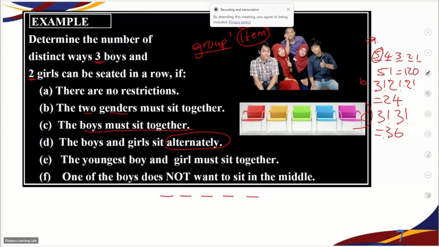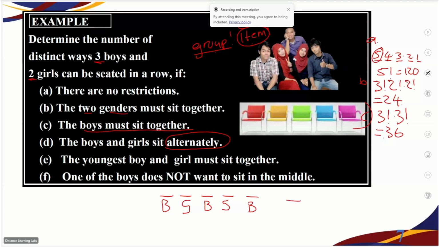Meaning for them to alternate, the first position must be a boy, and the next boy occupies another position, and another boy the last. In that way, they would alternate because in between the boys there would be the girls. But if they start with a girl, they will not be alternating because the last 2 positions will be occupied by boys.